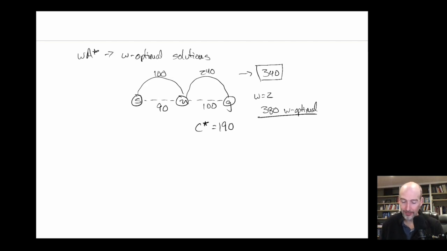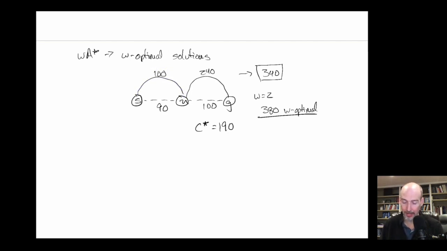And what we see, if we're trying to analyze what's happening, is that when we find this edge from S to N here, which is cost 90, we can allow some suboptimality upon that edge. And here we've actually only had a suboptimality of 10, where we were allowed a suboptimality of 90.